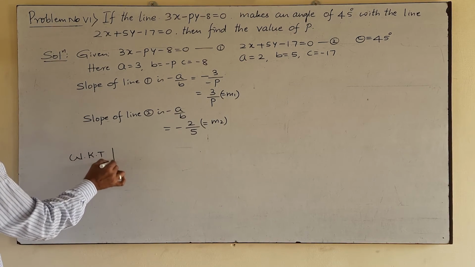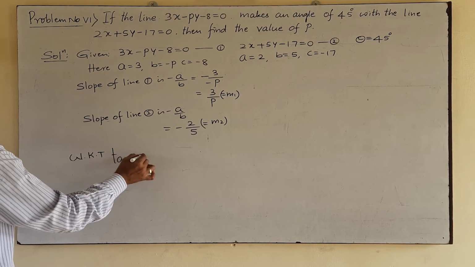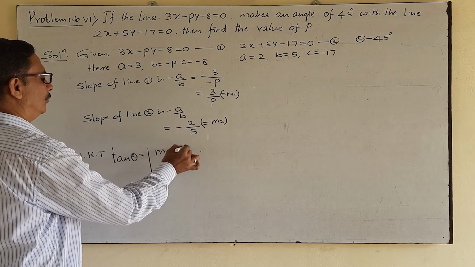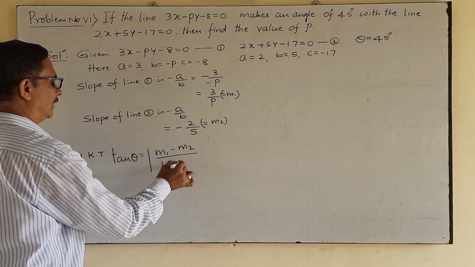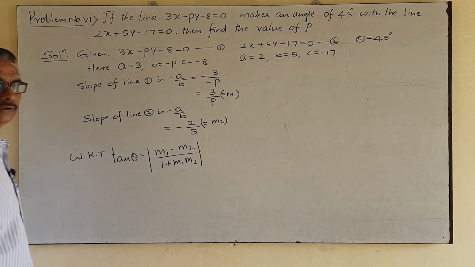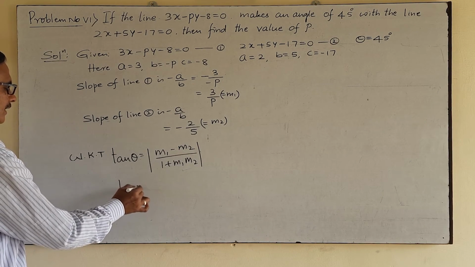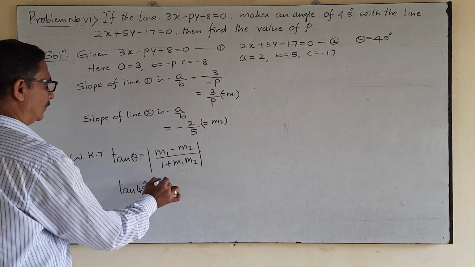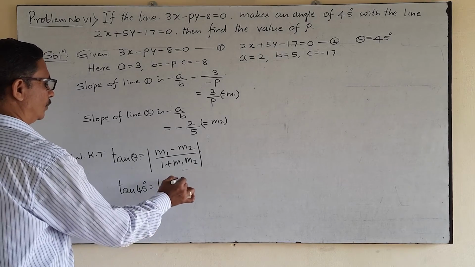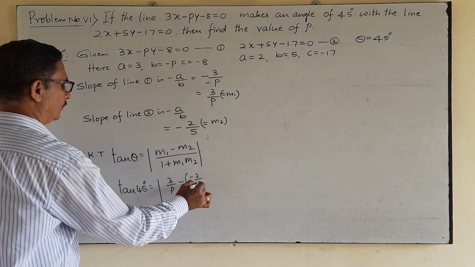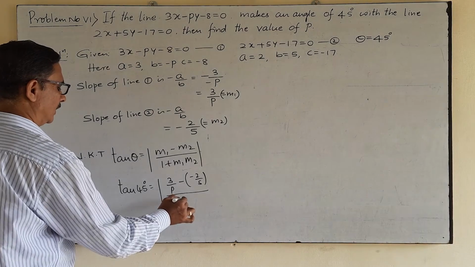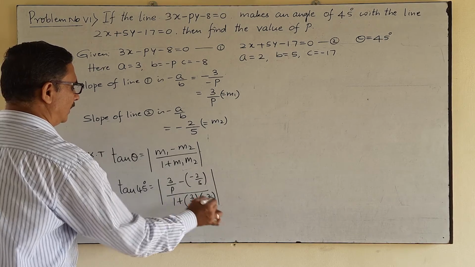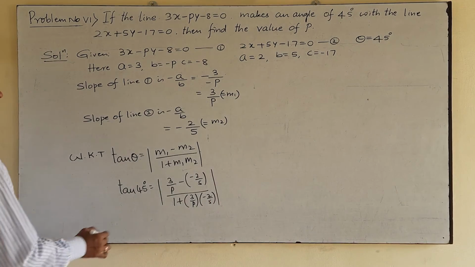Now you know that the angle between two lines is given by the formula tan theta is equal to modulus of (m1 minus m2) divided by (1 plus m1 m2), right? So tan theta, the value given is 45 degrees, is equal to modulus of (m1 value 3 by p, m2 value minus 2 by 5) divided by (1 plus m1 is 3 by p, m2 is minus 2 by 5). Correct? Now simplify.